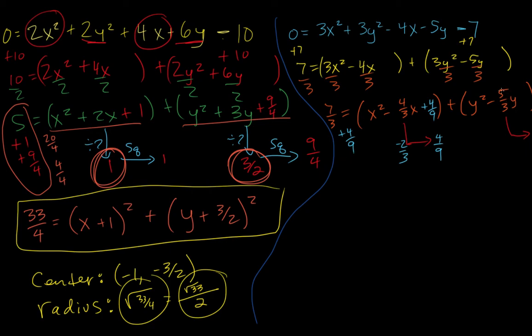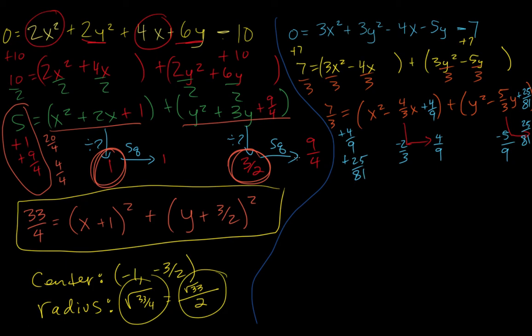Okay, this one, the top is not divisible by 2, so we need to multiply the bottom by 2. And so negative 5 ninths. Squaring the top, squaring the bottom, you get 25 81sts. And then we need to also add that over here.